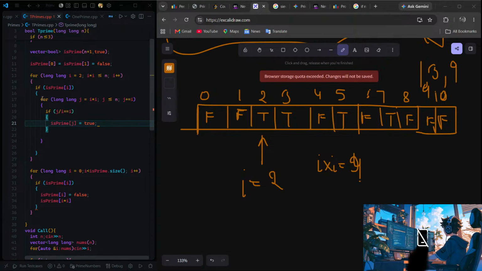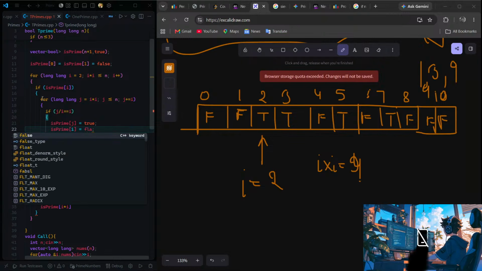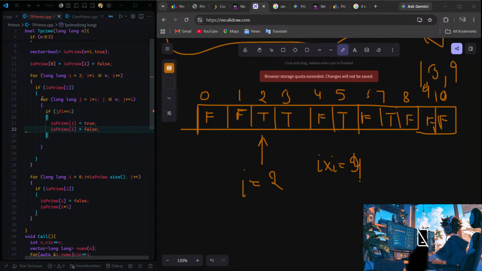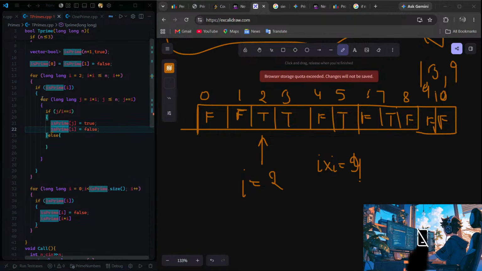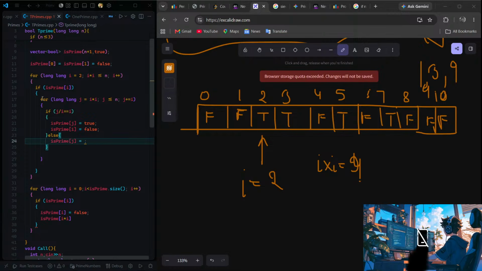One thing I also mark is that isPrime[i] is false. Else, for any other number, I will mark that j is false.